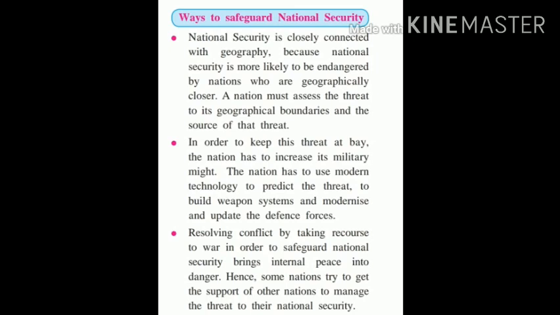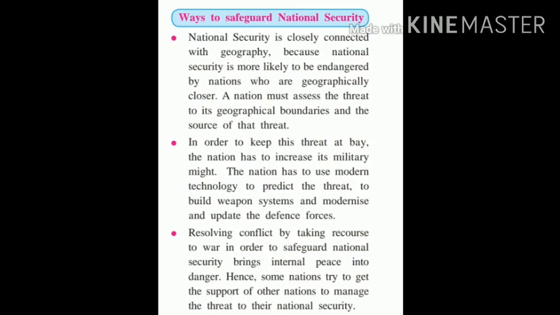That is the first way. For example, Nepal is also a neighboring country, but from Nepal we do not have any threat. The other neighboring countries like China or Pakistan, from those countries we always have a threat or danger. So at their boundaries we have to strengthen our military forces or defense system by guessing the danger, and that is the first way of safeguarding our national security.